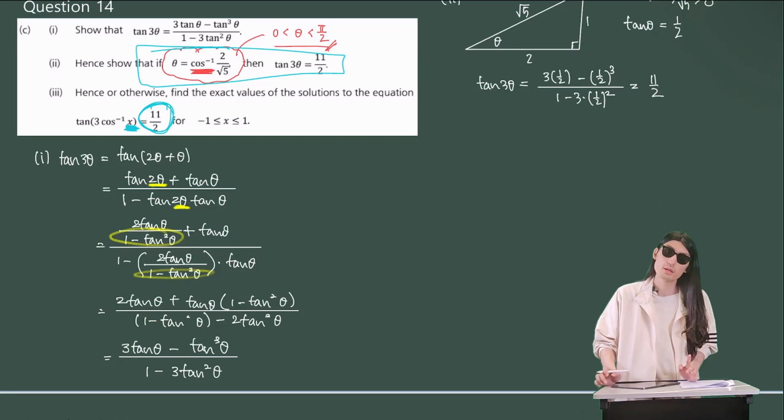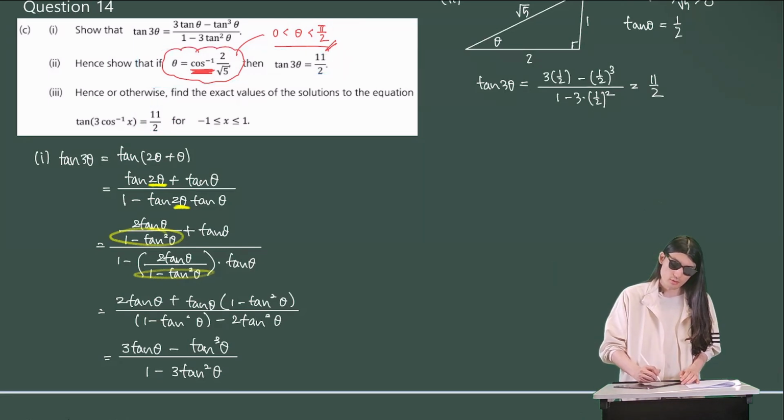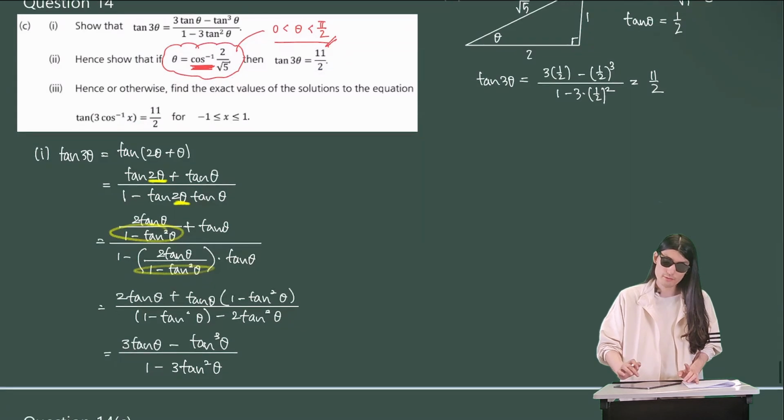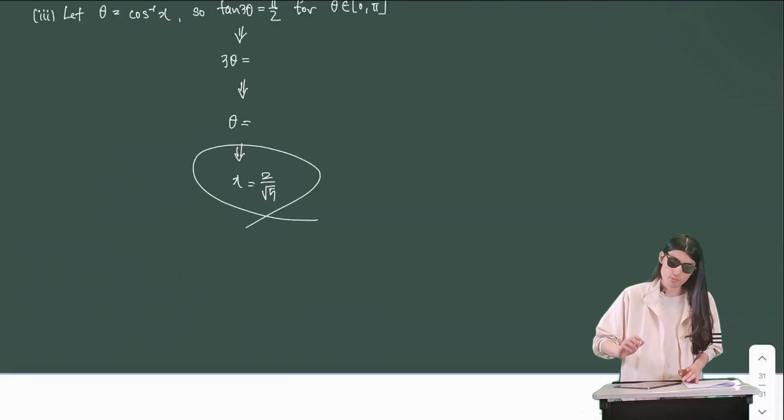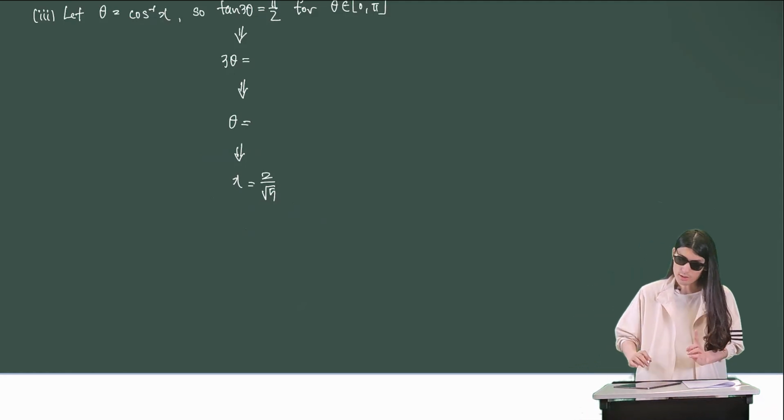So we've essentially shown that x equal to 2 on root 5 is one of the solutions to this equation.